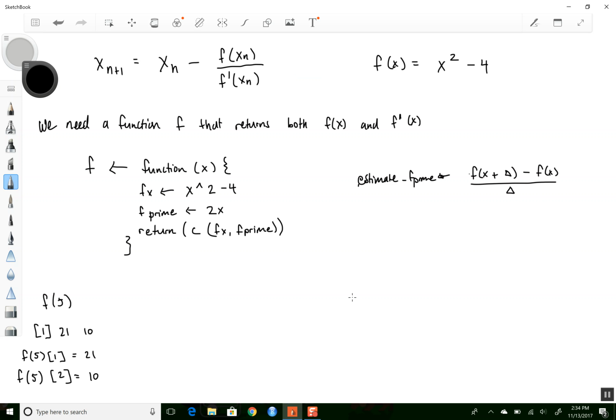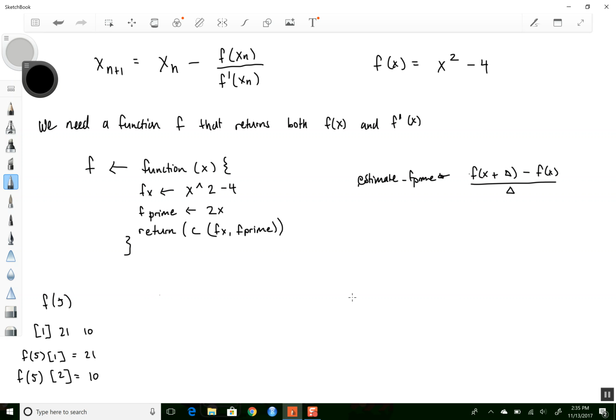If delta is like 10 to the minus 5, this will give you a pretty good approximation to f prime. So you would just code this up also. It's not that big a deal.